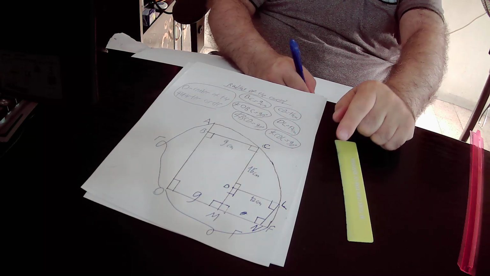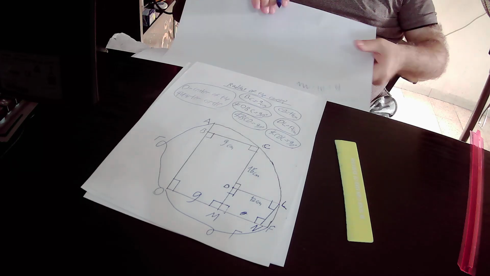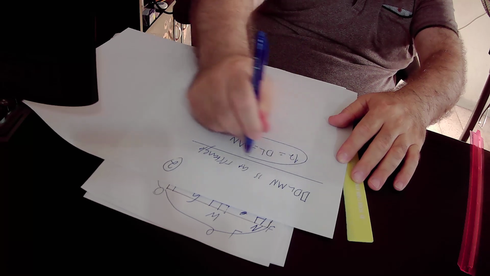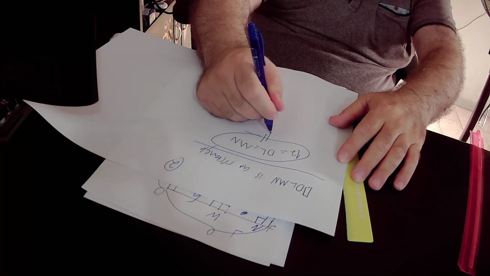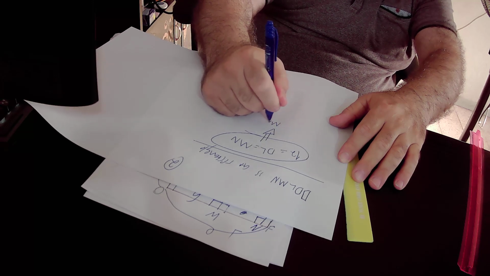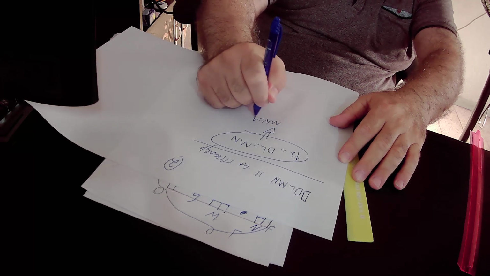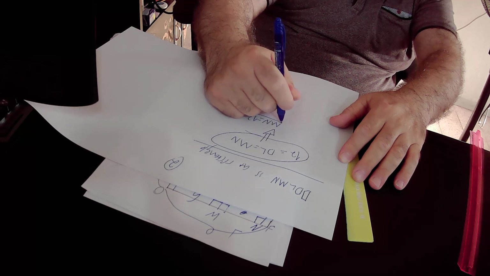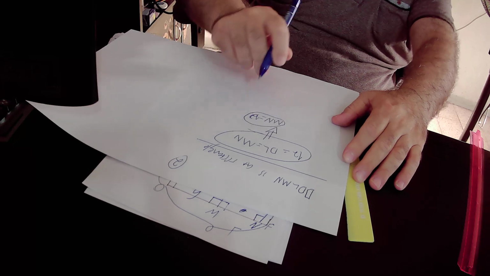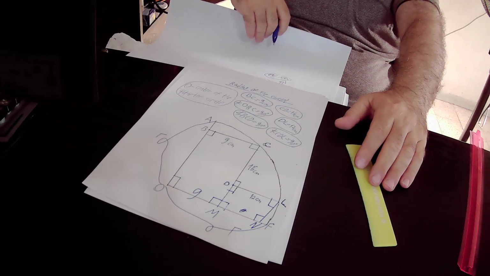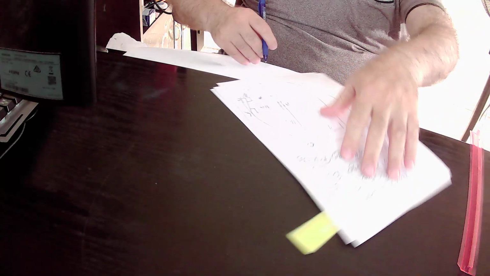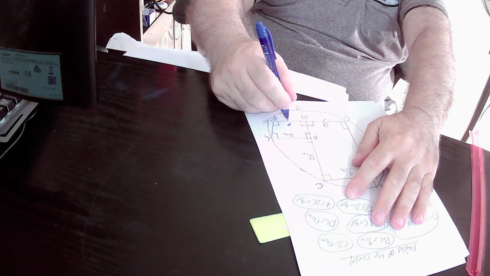So from this equation, 12 equals DL equals MN. We derive that side MN is also equal to 12 units. Side MN equals 12 units.